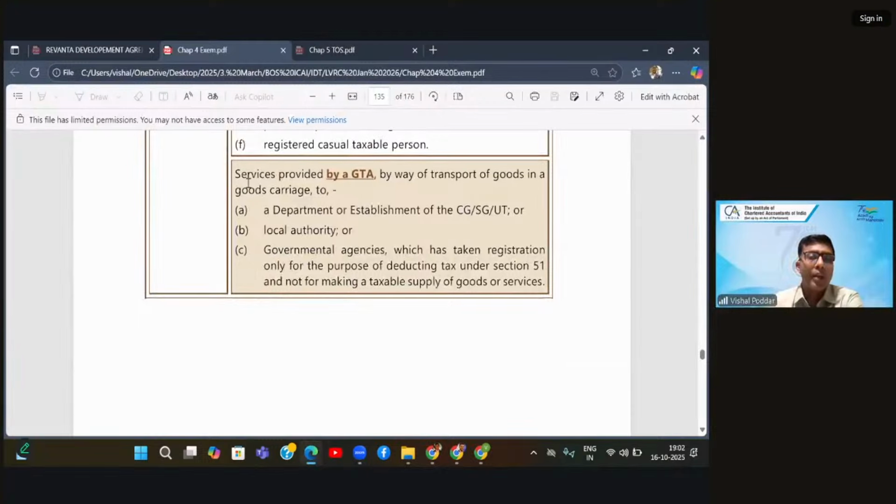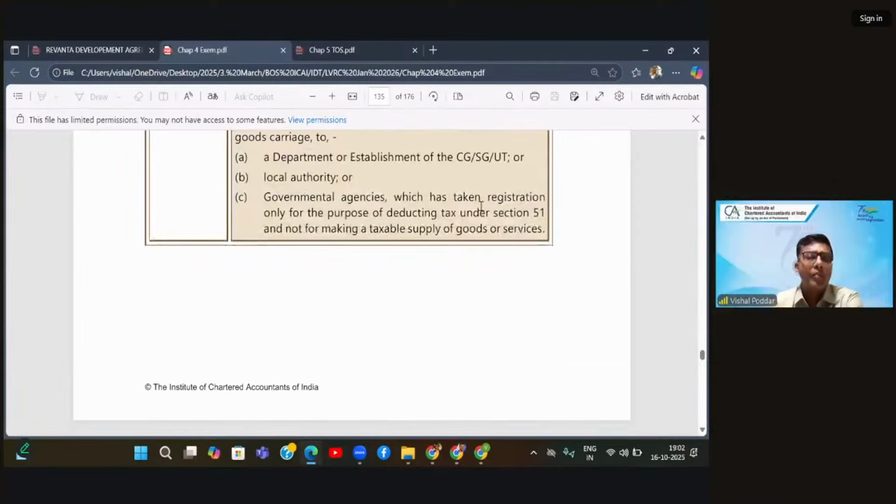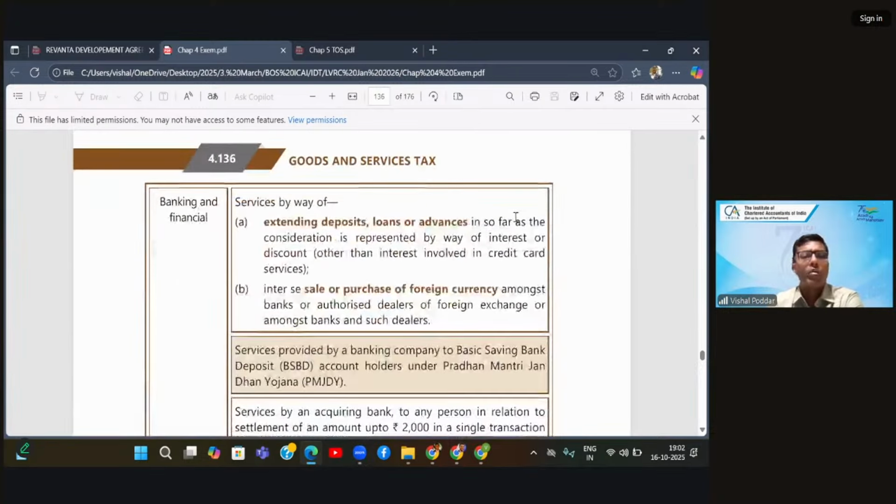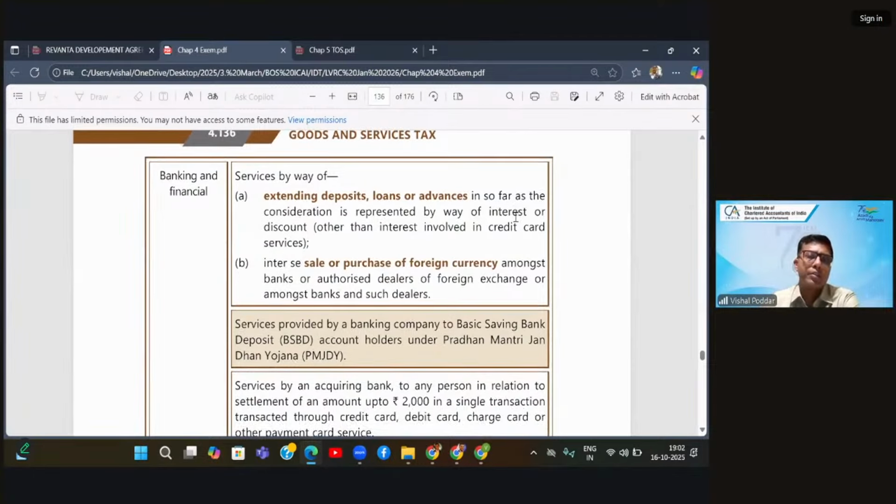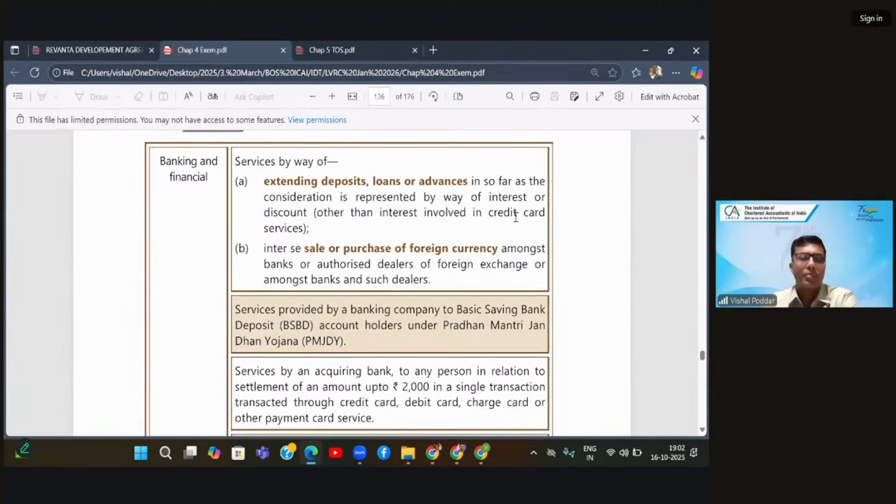Next, where the services of GTA are provided to government departments, local authorities or government agencies who have taken registration only for the purpose of TDS. So they are not having any outward supply, but they took registration only for the purpose of complying with the TDS requirements. That GTA service to such entities is exempt.